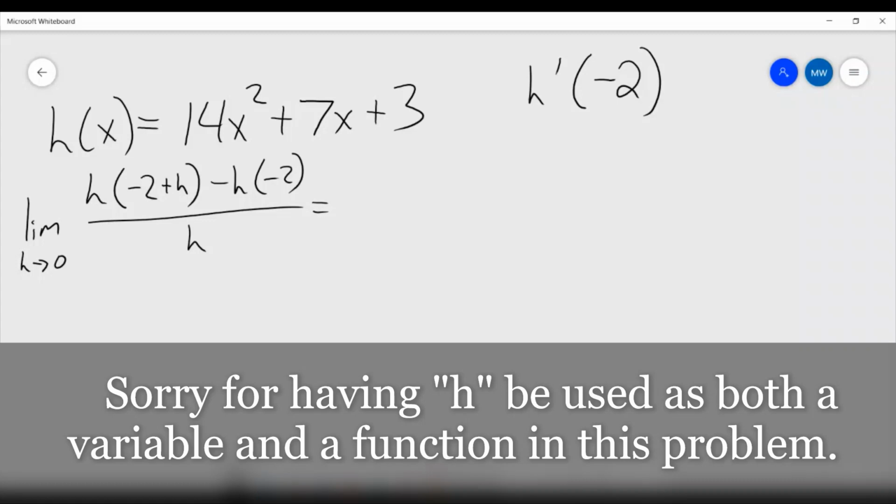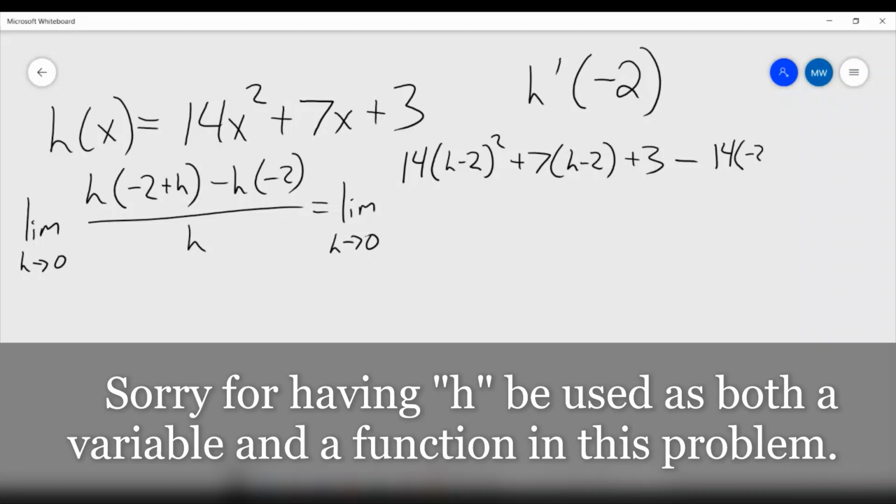So this becomes the limit as h goes to 0 of 14 times h minus 2 squared plus 7 times h minus 2 plus 3 minus 14 times negative 2 squared minus 7 times negative 2 minus 3, all over h.